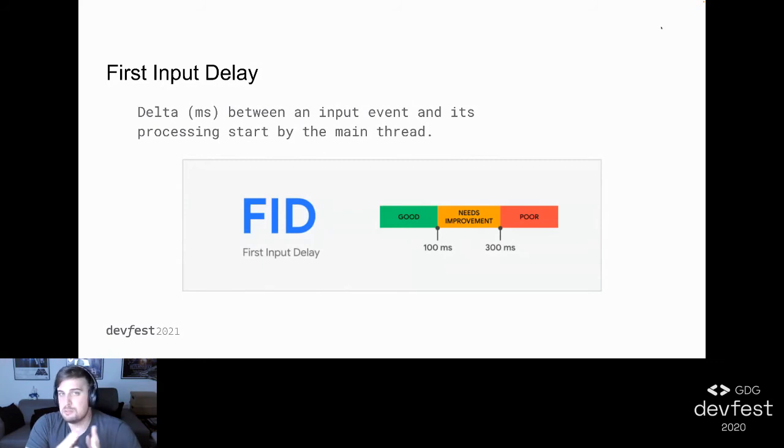Maybe you've had this experience where you loaded up a page with a search bar, and you tried to click or tap into it on your phone, but your keyboard didn't come up. Then maybe after 5 seconds, you could type something into that search bar. It's that delta that is being measured. Anything between 0 and 100 milliseconds is good, 100 to 300 needs improvement, and 300 plus, you're going to get a bad score. So that's first input delay.